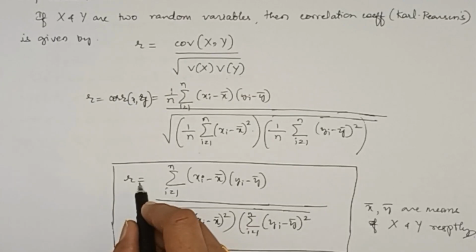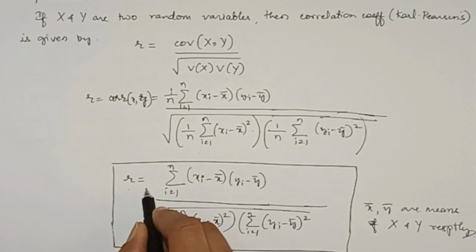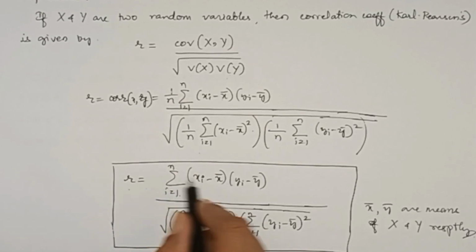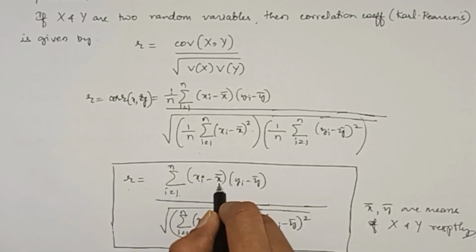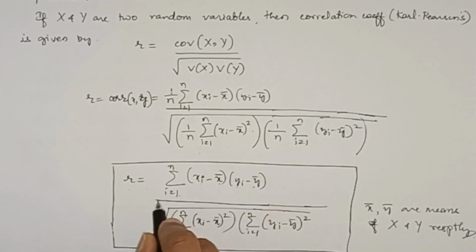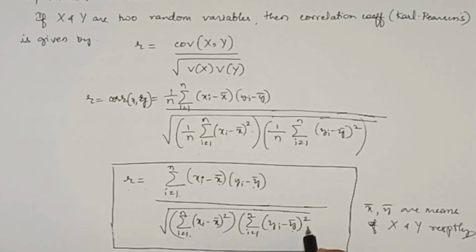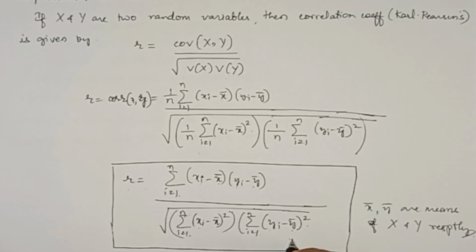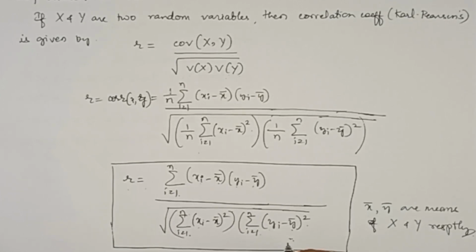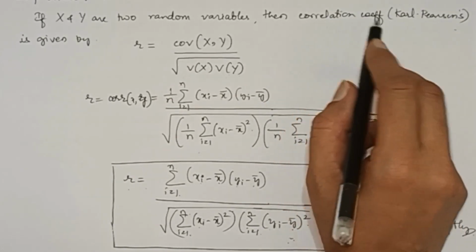So when you simplify this, you will get r equal to summation i equal to 1 to n, xi minus x bar into yi minus y bar, divided by square root of summation i equal to 1 to n, xi minus x bar whole square into summation i equal to 1 to n, yi minus y bar whole square. So this is the final formula to find the correlation coefficient, and this is called Karl-Pearson's correlation coefficient.